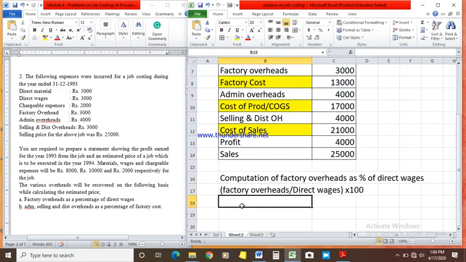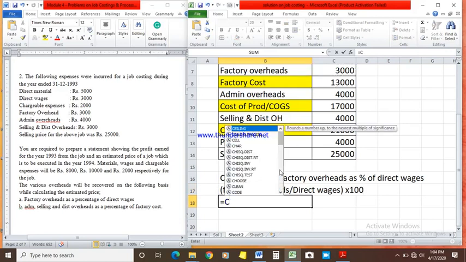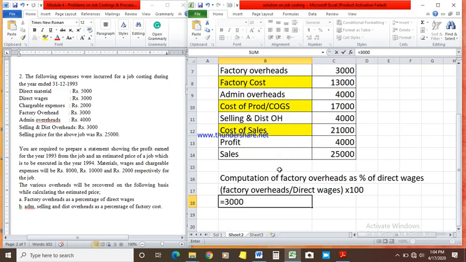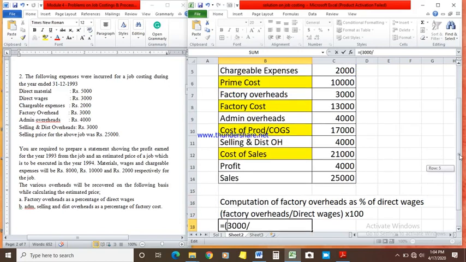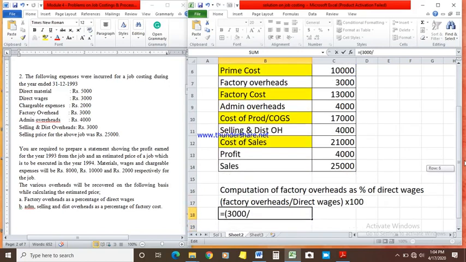Accordingly, I'll put the formula here: equal to factory overhead, which is 3,000, divided by direct wages, 3,000, multiplied by 100.